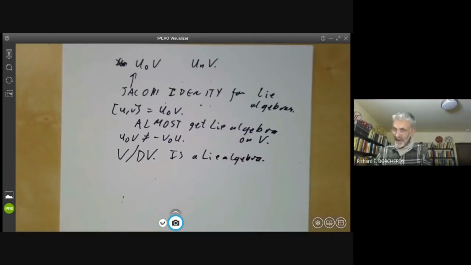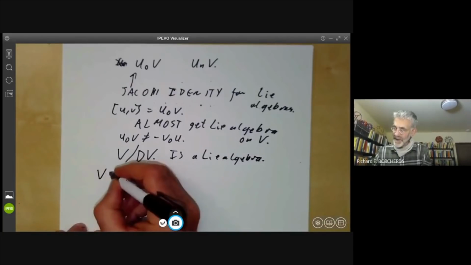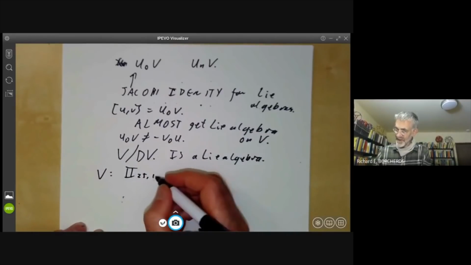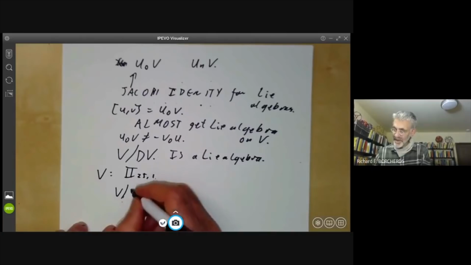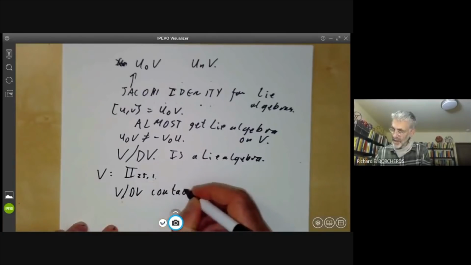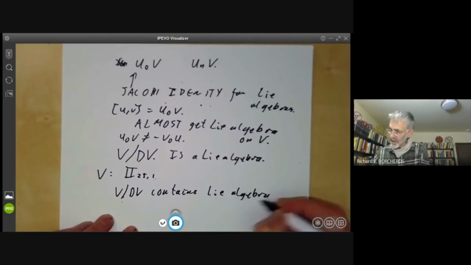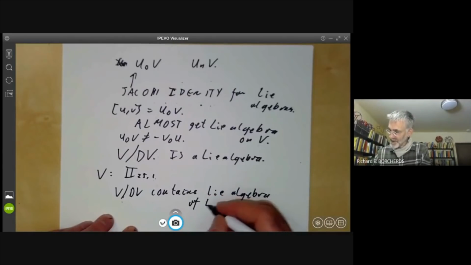And now, if we take v to be the vertex algebra of this 25-dimensional Lorentzian space that I started with, we find that v over dv contains the Lie algebra of the Leech lattice.